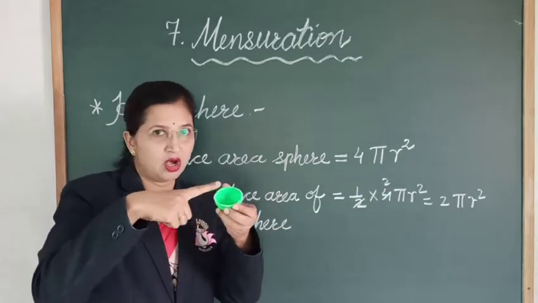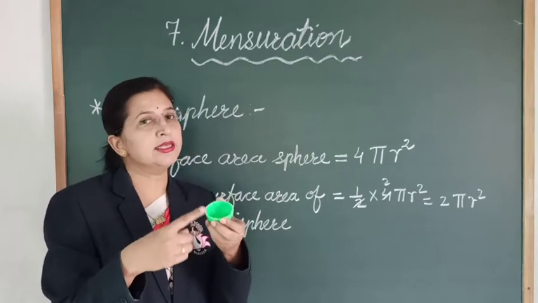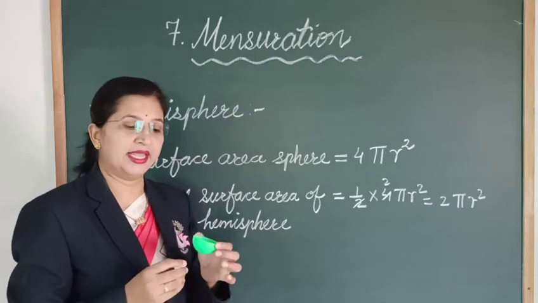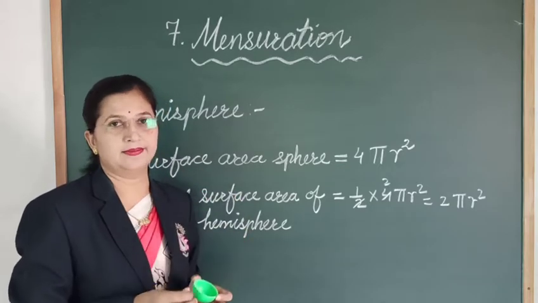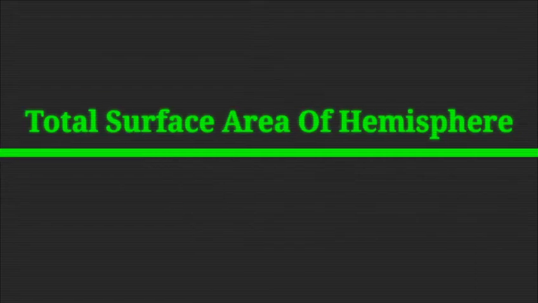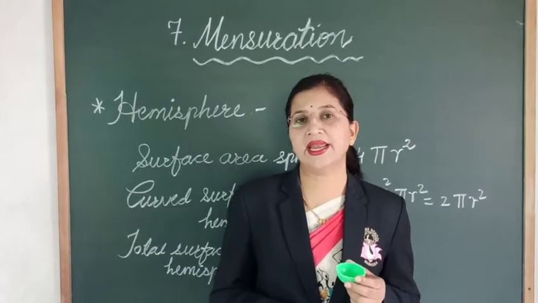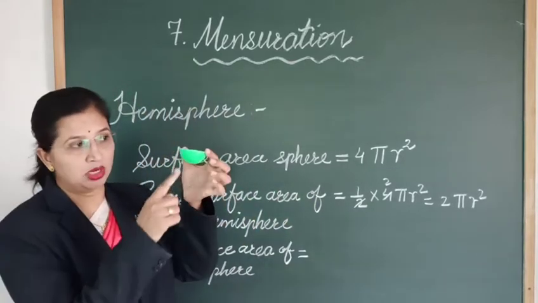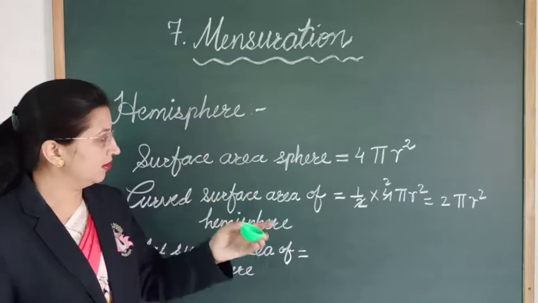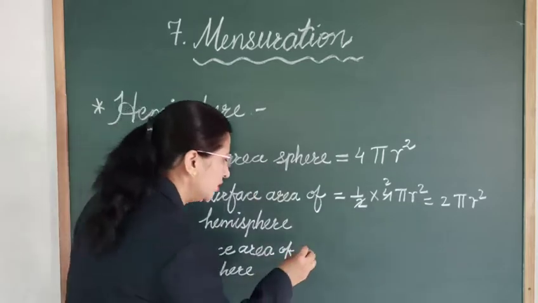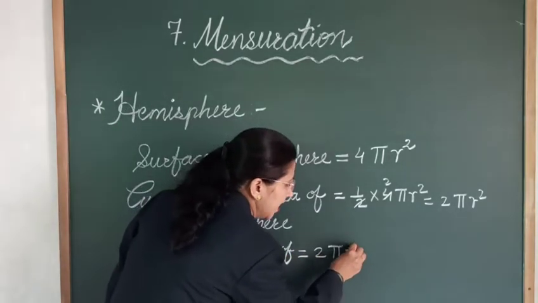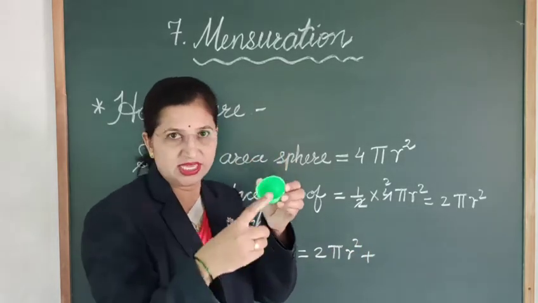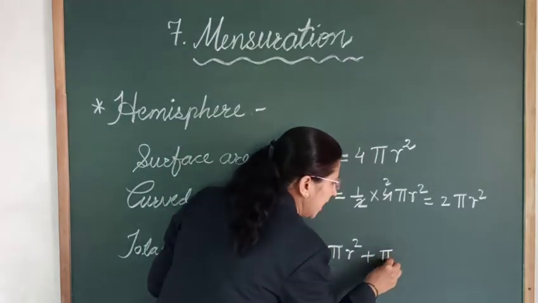And its top is circular, that is pi r square. So let's find out the total surface area of hemisphere. Total surface area of hemisphere is equal to the curved surface area that we already found, 2 pi r square, plus this top circular area, pi r square.